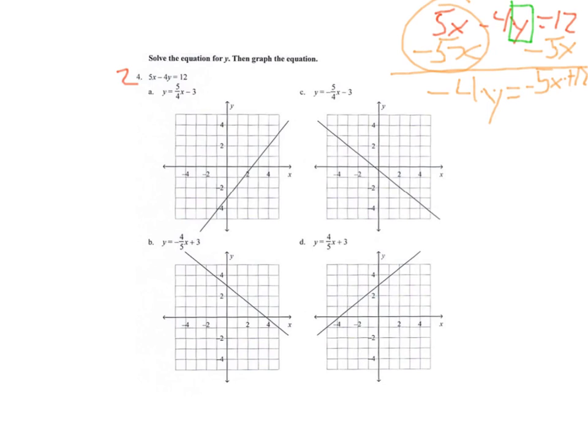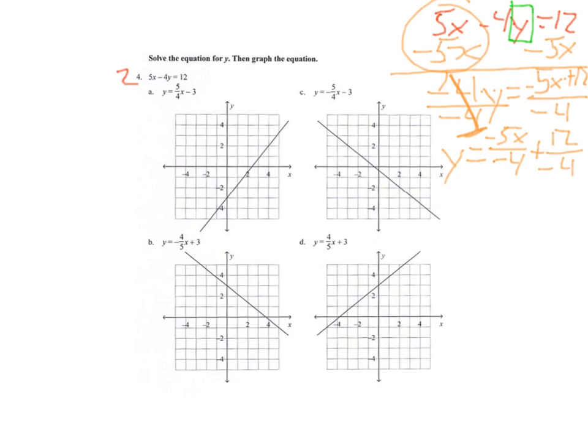They're multiplying the y by negative 4, so we need to divide both sides by negative 4. That gives us our big fat 1. So that leaves me 1y. And I got negative 5x divided by negative 4 plus 12 divided by negative 4.